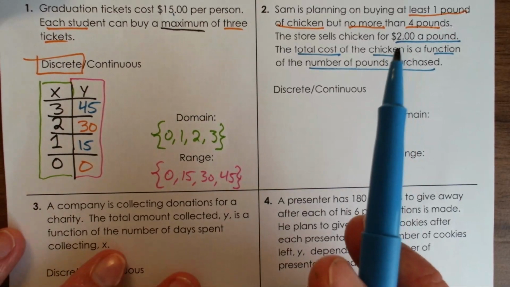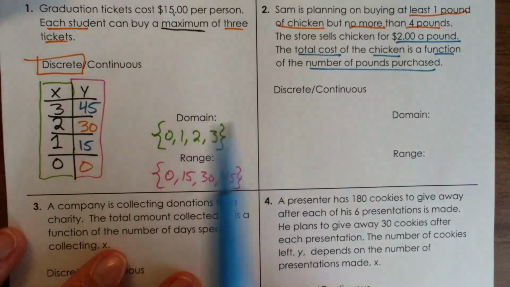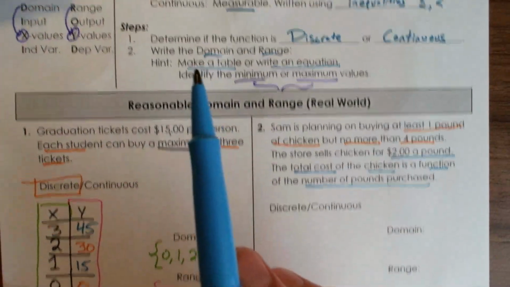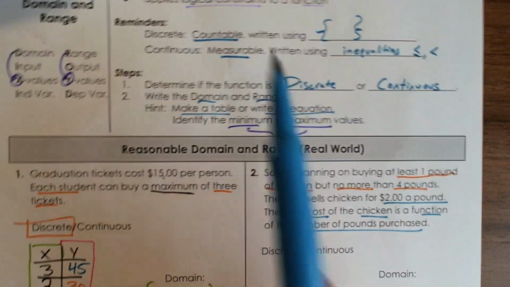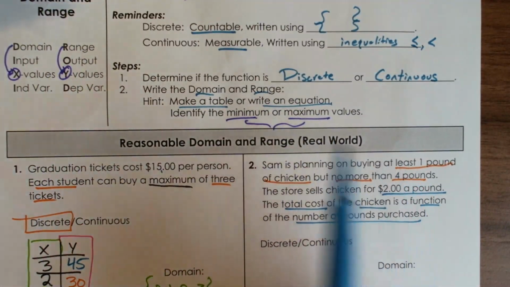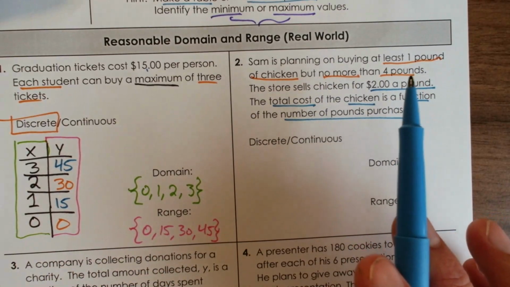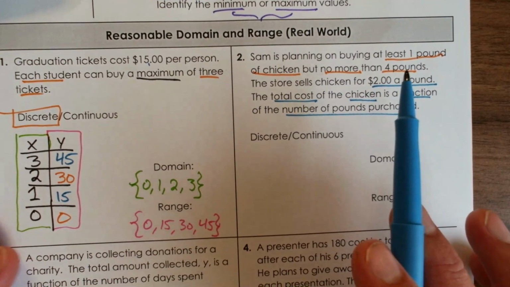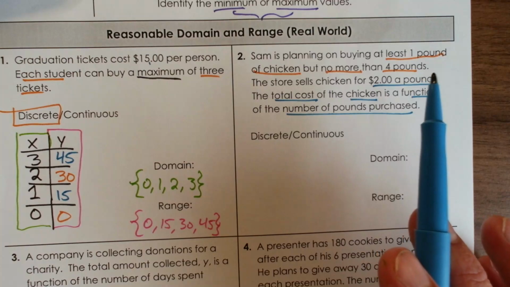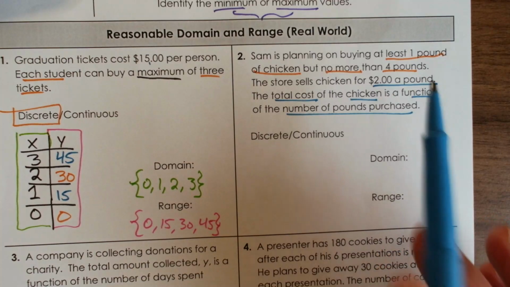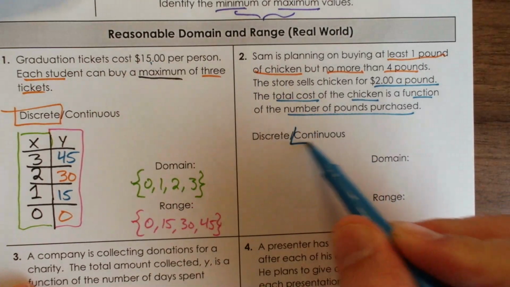So now the question becomes, is this discrete or is this continuous? Are you counting here? Is it strictly 1 pound or is this measurable? This is measurable because you could have 1 pound or 1.5 pounds or 2.5 pounds. So because it's measurable, this will be continuous.